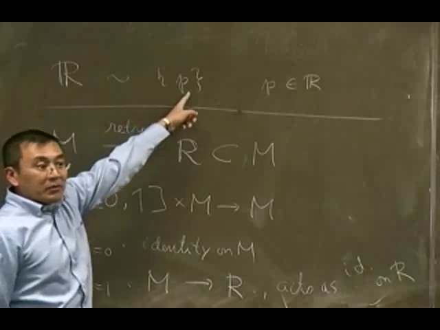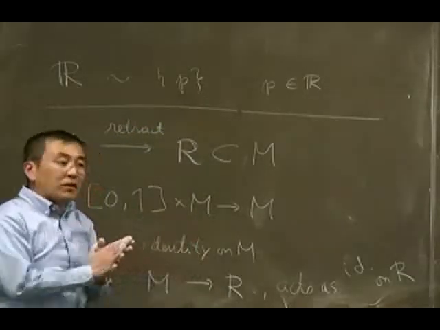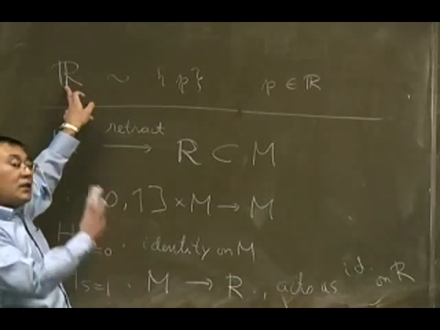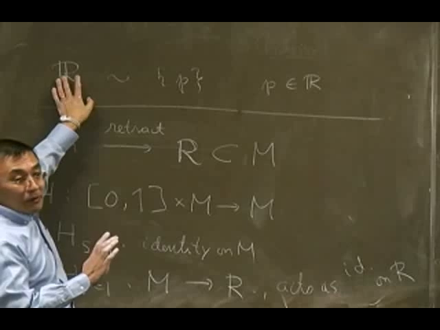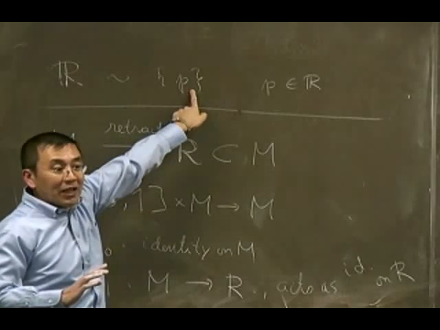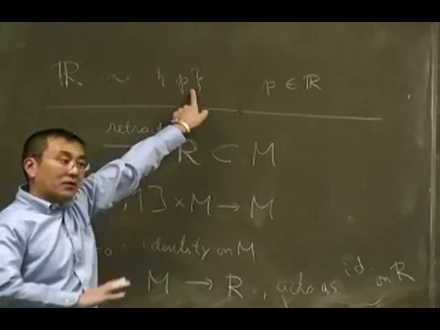And this is an example of a deformation retract. You can construct a continuous family of maps from R to itself in such a way that initially you have an identity map, but in the end, all the points in R get mapped to a single point. You can construct such a family of maps.